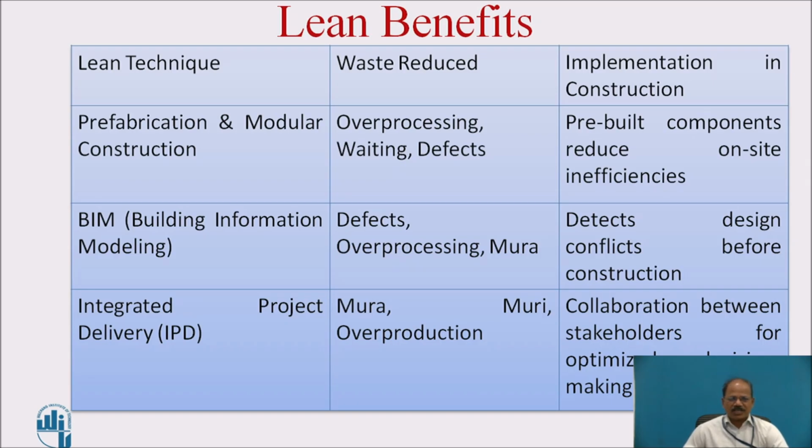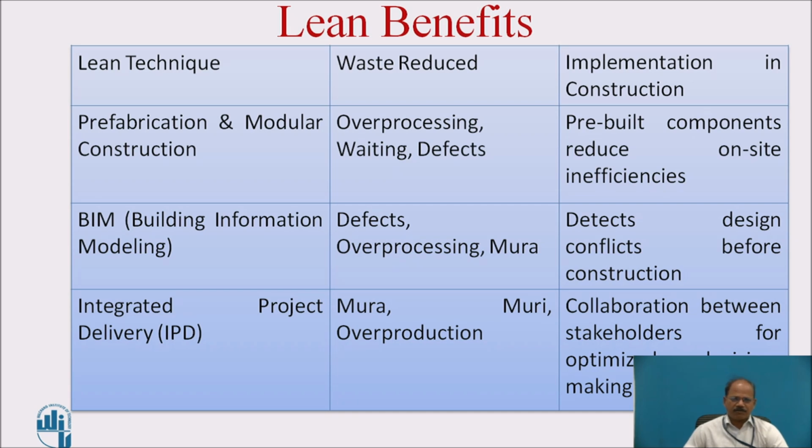A buzzword in today's era, building information modeling, is also a part of lean construction, where waste reduced is in terms of defects and overprocessing, which is a part of Mura, while in the construction industry we can easily find that defects and design conflicts are identified before construction.